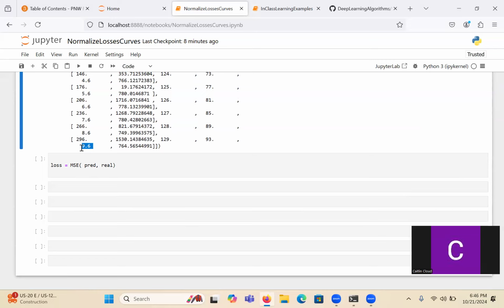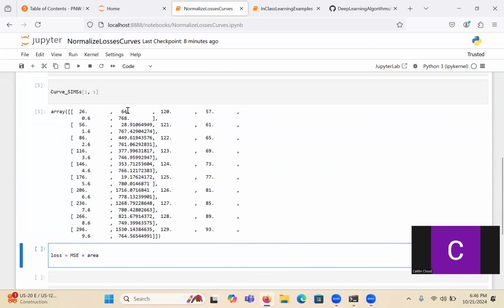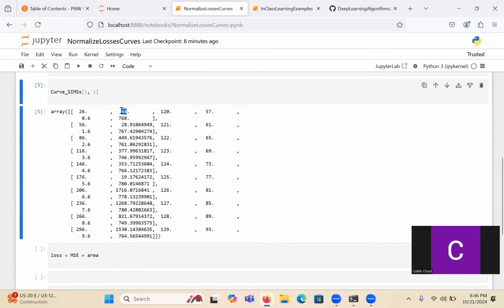So how do we use them in a loss? That's the question, right? All these functions, by the way, are going to have pred and real, okay? So I'm just going to take it out to ignore it, but assume it's there. Now I have that, but I also have area, which is, let's say, the second one in every one of the rows in the batch of 10.